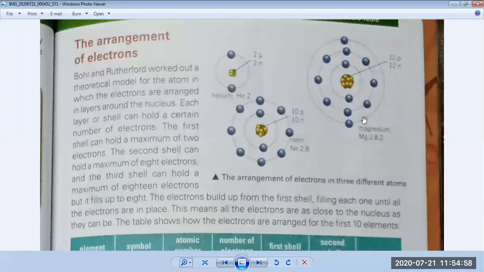In the third shell, called the M shell, M shell is equal to 2n squared. So you write 2 and in brackets 3 squared. Why do we write 3? Because this is the third shell. 3 squared means 3 threes are 9, multiplied by 2, equal to 18. So in the third shell, 18 electrons can be accommodated.